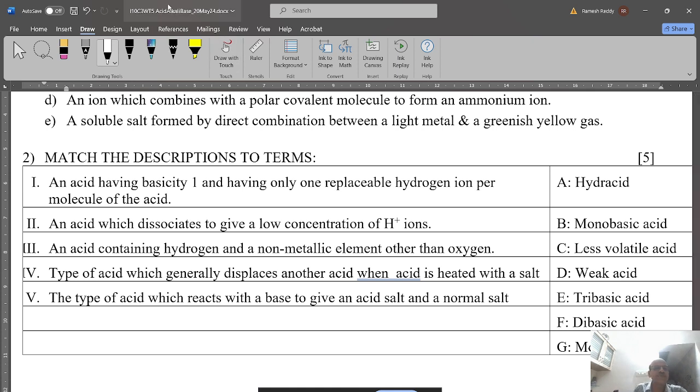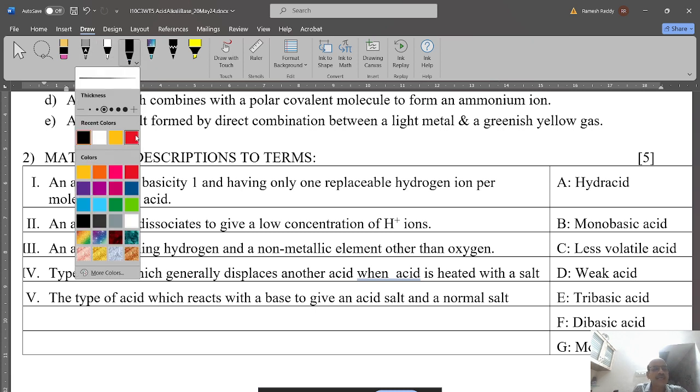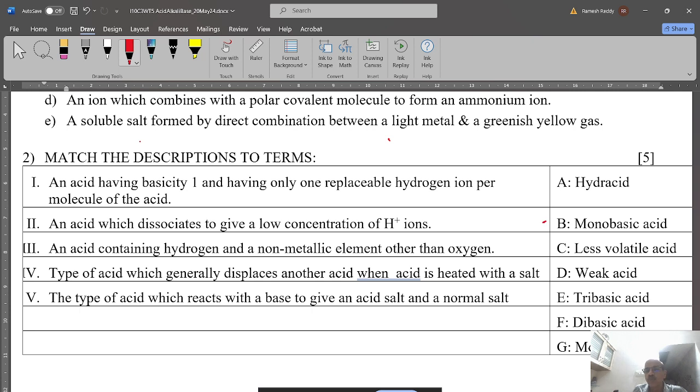So with this, this one will go away. Let me take the red color. Yes, so monobasic acid is gone for the first one, right? Very good. Okay, an acid which dissociates to give a low concentration of hydrogen ions.